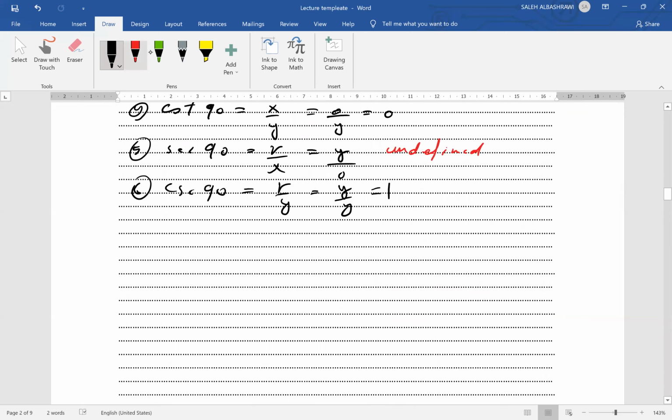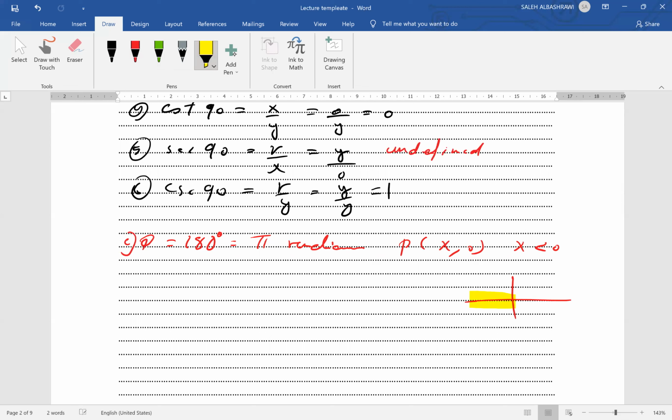Let's move to the third one. If theta equal to 180 degrees, which is equal to pi radians. This time, we are taking the point B equal to (x, 0), but x is negative this time. I speak about this terminal side.